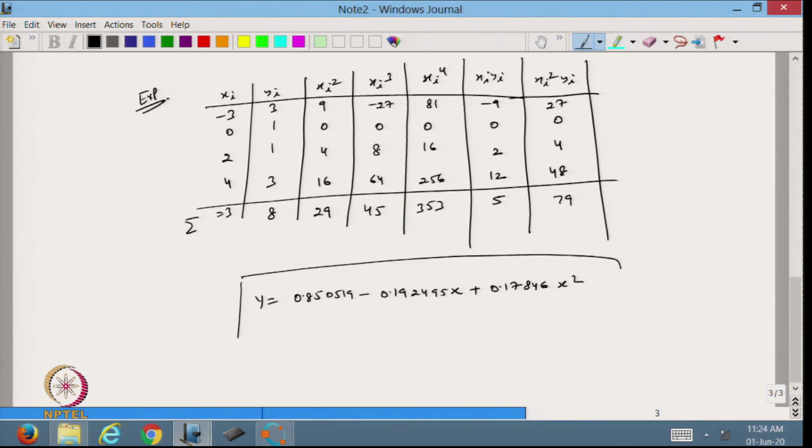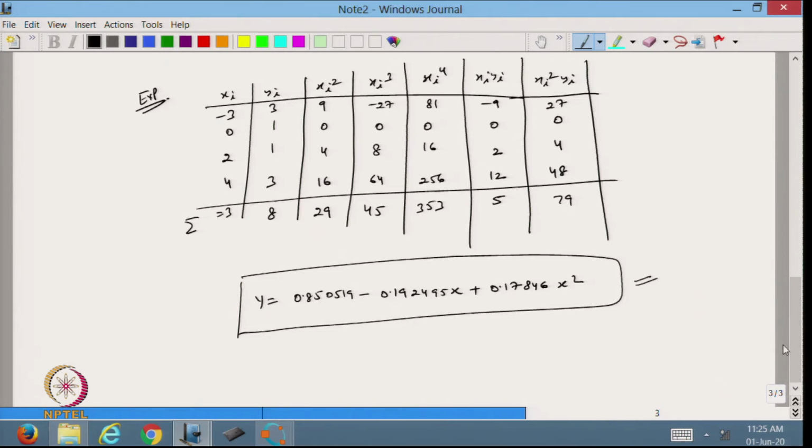So, that is my second order polynomial fit for the given data. So, this is the way we can define the polynomial fit for the given data.